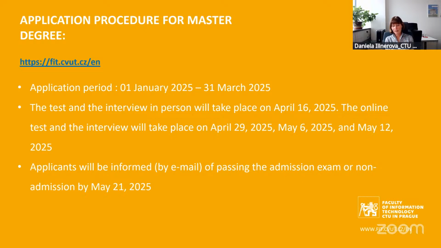So both written and interview in person will be held on April the 16th. And if you are not able to come, which is understandable, then the online test and online interview will be again on the same day. And there are exact days for it: April 29, May 6, and May 12.